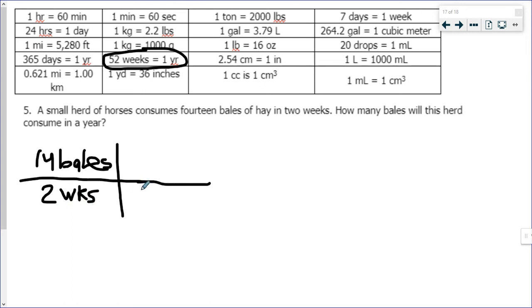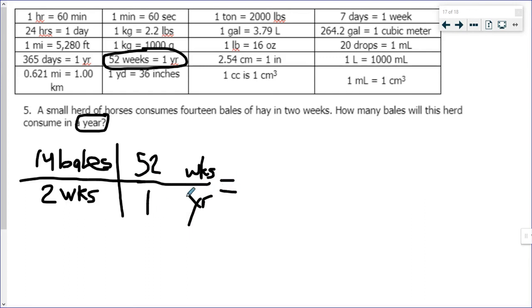If I want to get rid of weeks, I'm going to put weeks on this side of my setup. And I've got a conversion factor to go into years, and that's what they wanted us to find out, how many bales they would eat in a year. So if I put my units down first, and then I fill in my numbers, I've got 52 here, and that's in 1 year.